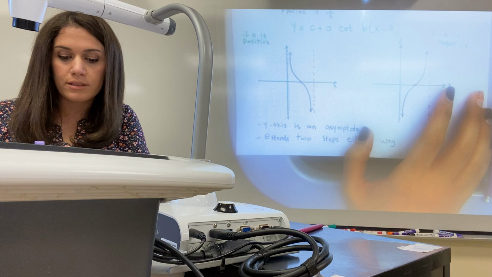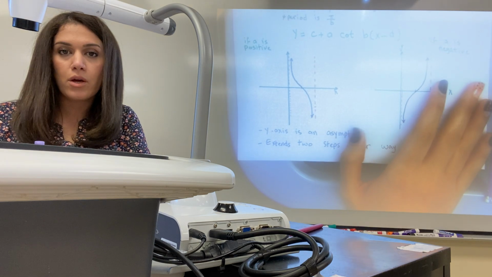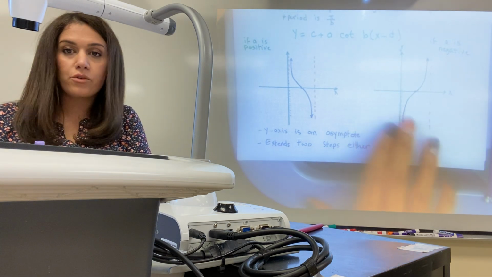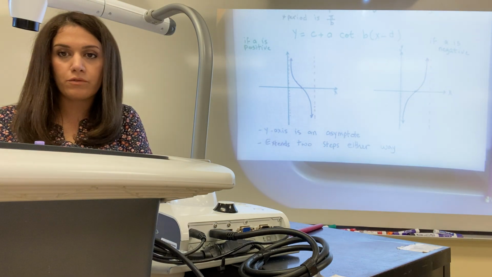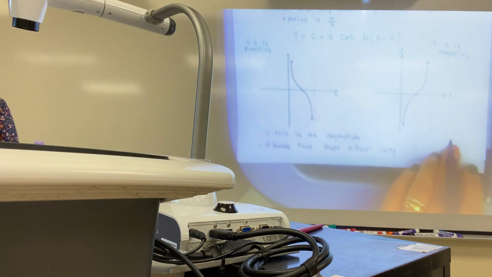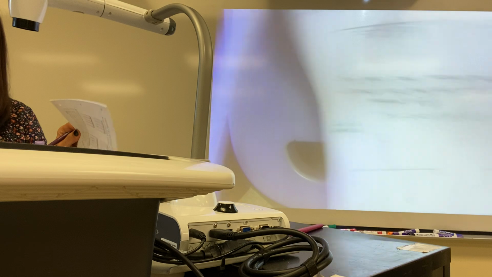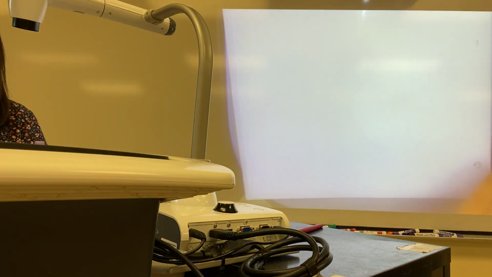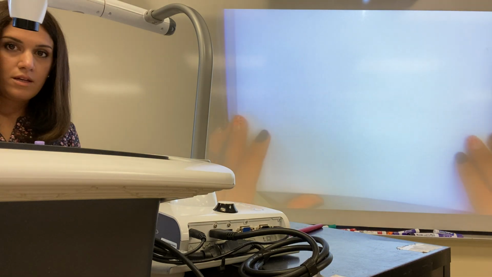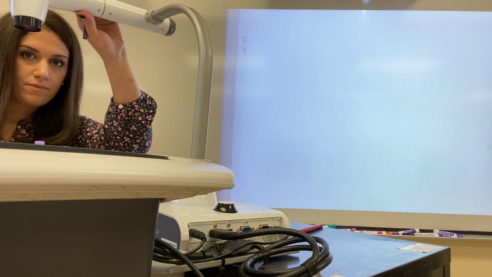Now let's look at some examples when we see these graphs a bit shifted, either vertically or horizontally. Here we want to graph one period.